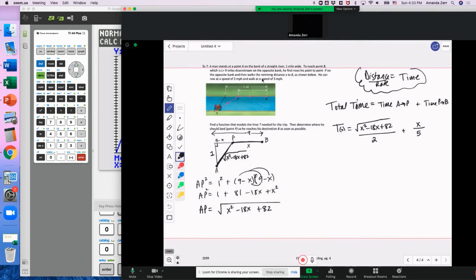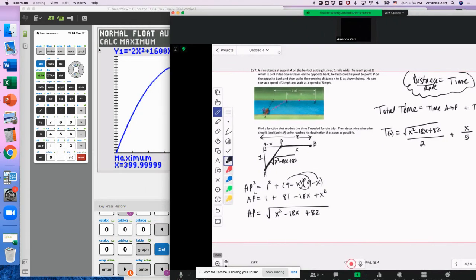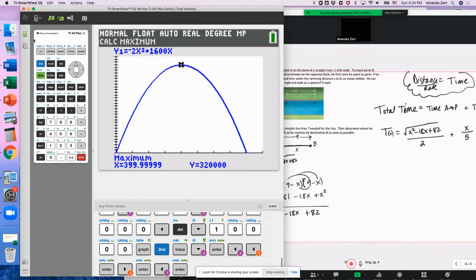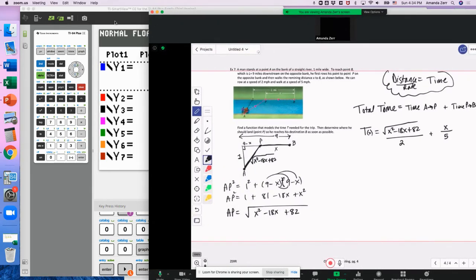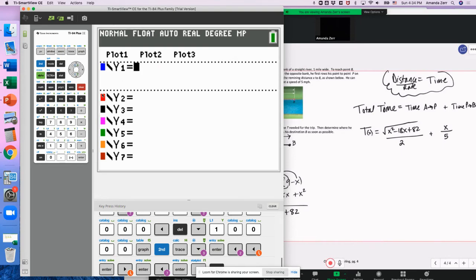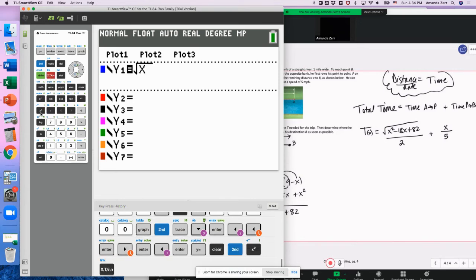Okay, so what we need to do is pull out our graphing capability here, and we go to our y equals, clear out what we had. Just scoot this over a little bit so we can see the whole thing. Okay, so I'm going to do the square root of x squared minus 18x plus 82.